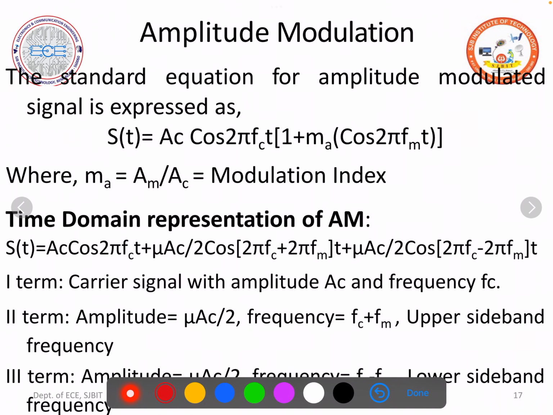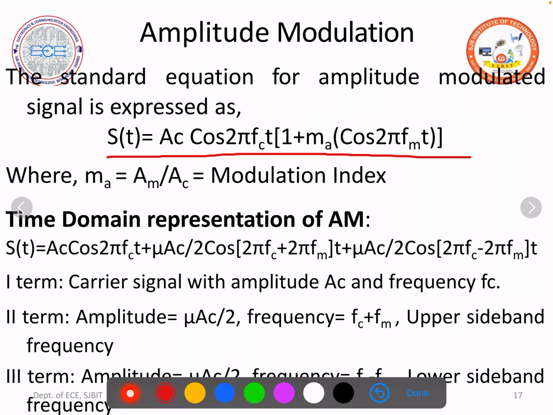So how do we represent the amplitude modulated signal? The standard equation is given by s of t is equal to Ac into cos 2 pi fct into 1 plus ma into cos 2 pi fmt. Here they have used the message signal in the equation.